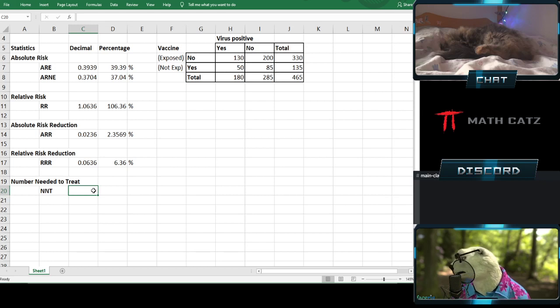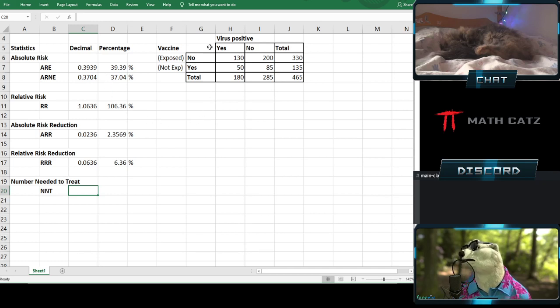Well, I'm trying to see that if people took the vaccine, let me rephrase that as a risk factor. If people weren't exposed to the risk, everyone took the vaccine, there's a chance of still getting the virus. It's the 37.04%.